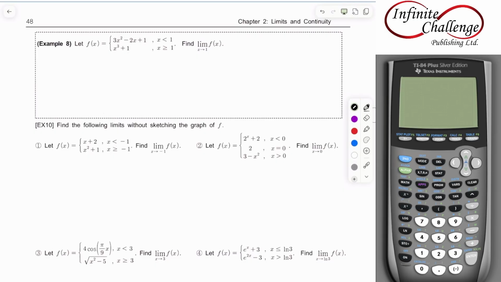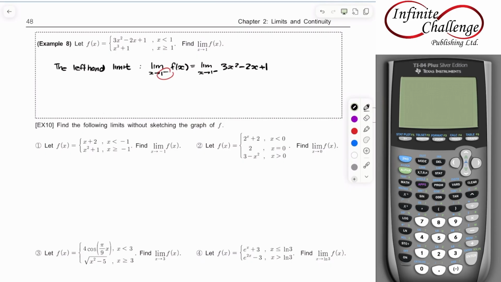I'm going to start with the left-hand limit, the limit as x approaches 1 minus of f of x. When I say 1 minus, I'm asking for a value of x that is ever so slightly less than 1. So if x is approaching a value less than 1, it behaves as the first part of the piecewise function: the limit as x approaches 1 minus of 3x squared minus 2x plus 1.